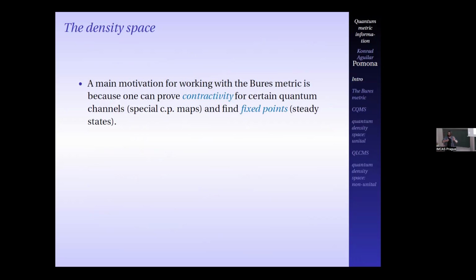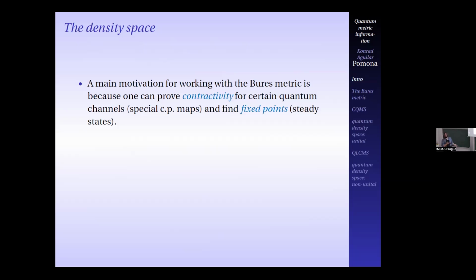So just think about them as special CP maps, and sometimes they have CCP, UCP, or other conditions, but what they're interested in is contractivity with respect to certain metrics, so then they get fixed points, which are steady states. I will give you fair warning that this is probably as far as my knowledge goes on the physics side of things, so I may not know too much more than what's stated here.